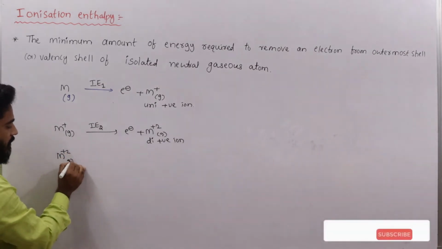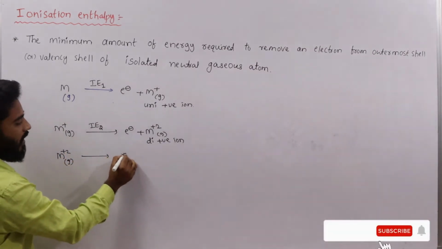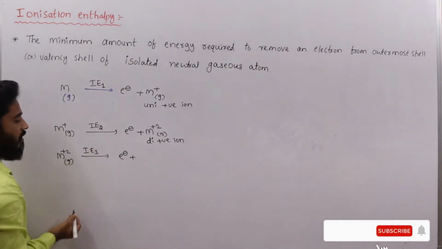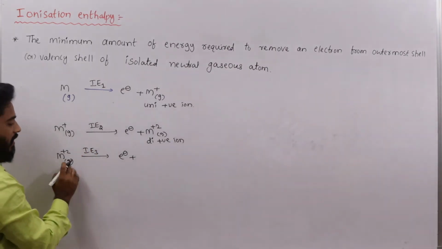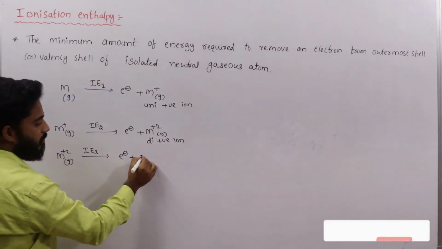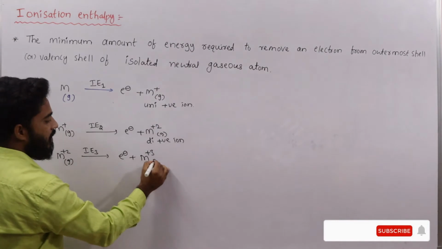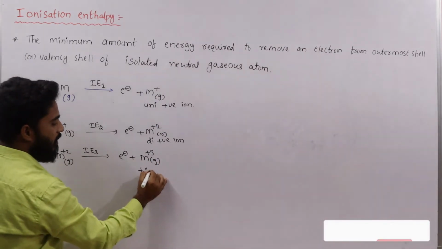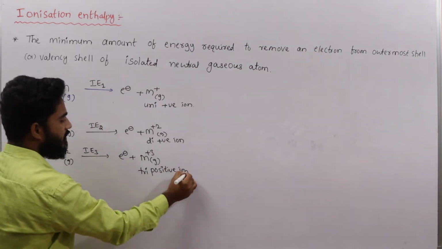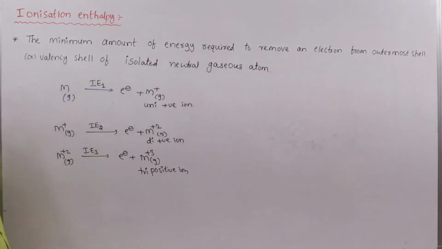Let us take M plus 2, the dipositive ion. The amount of energy required to remove an electron from this dipositive ion is called ionization energy 3, and after loss of one electron, M plus 2 changes to M plus 3. This is called a tripositive ion, because three positive charges are present.